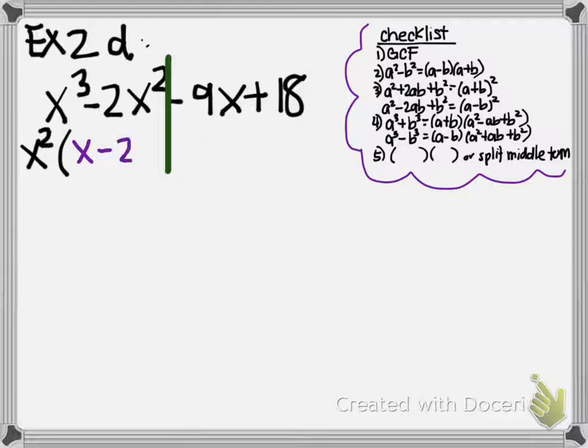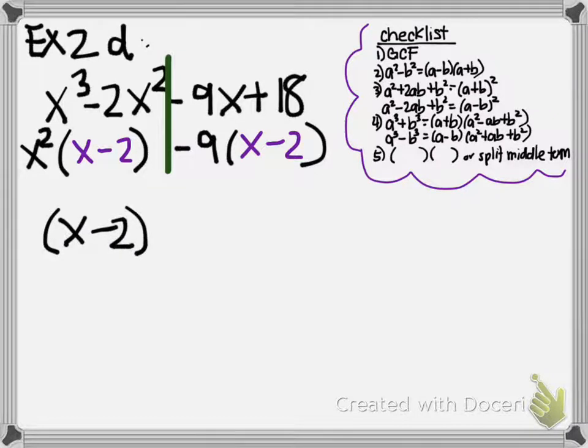Now for this side, we're trying to find the same exact binomial that's in the purple. We can get an x minus 2 from this side if we factor out a negative 9. So if we factor out a negative 9, we get x minus 2. Because these two have an x minus 2, we write that once, since that's what they have in common.